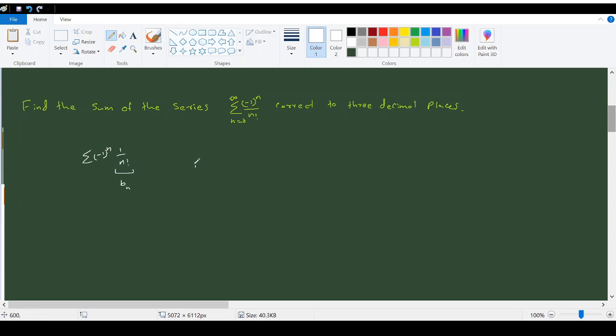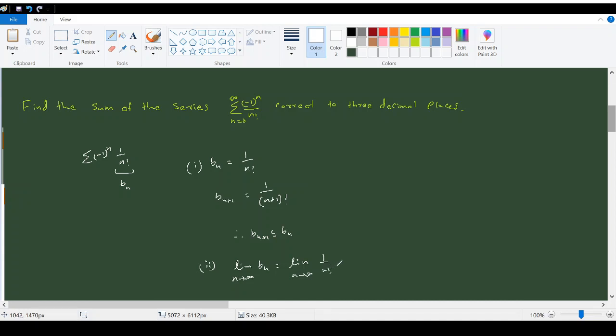Bn is a positive sequence where Bn is equal to 1 over n factorial, and Bn plus 1 is equal to 1 over n plus 1 factorial. So definitely the denominator is greater than that of Bn, so Bn plus 1 is less than or equal to Bn, and the second condition is also easily satisfied.